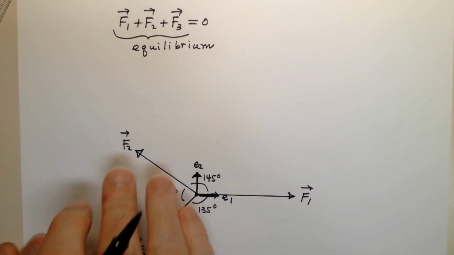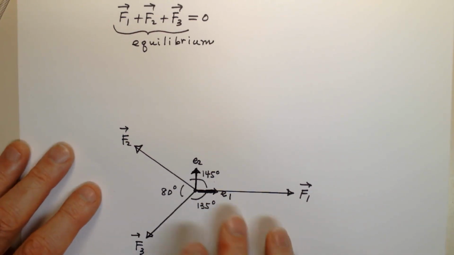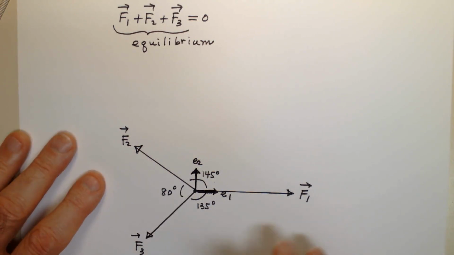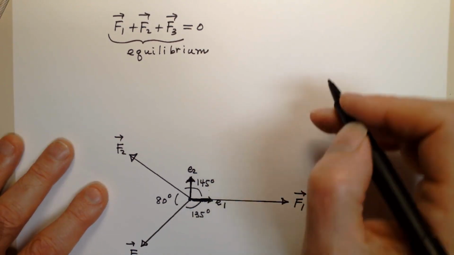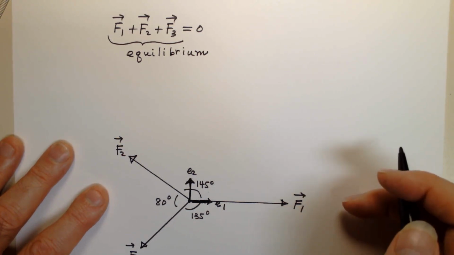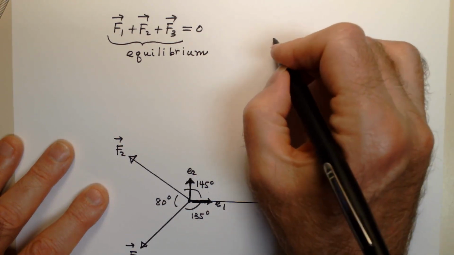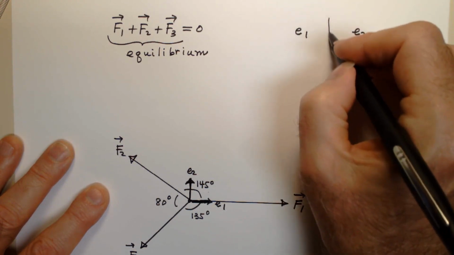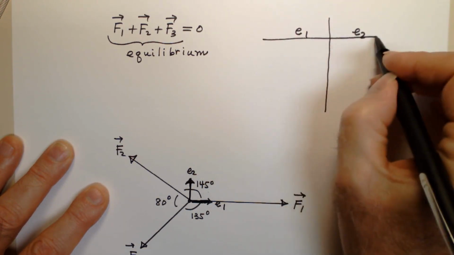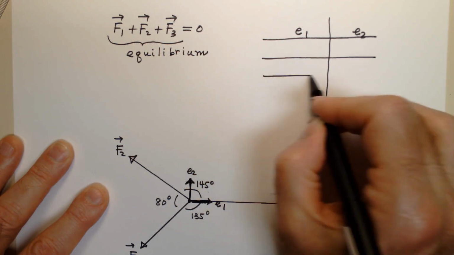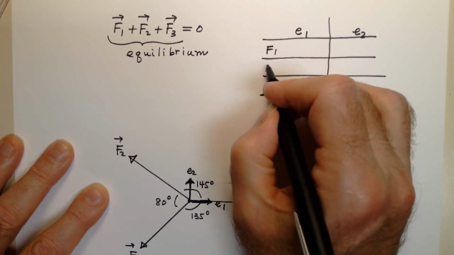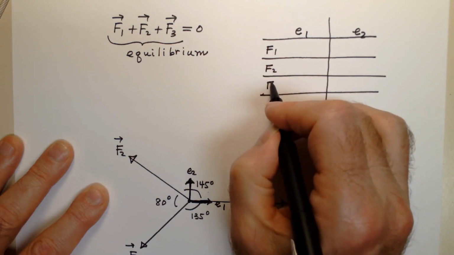Now what I want to do for each and every one of these force vectors is express its components in the E1 and E2 directions. And one way to do that is to build a little chart here to help us organize our work. So let's think about the E1 direction and the E2 direction, and force vector 1, 2, and 3.